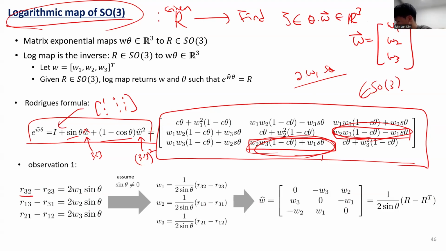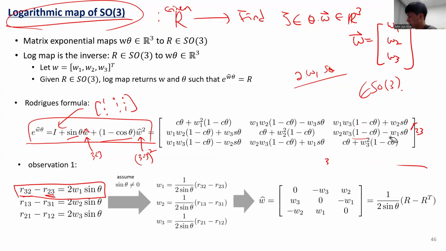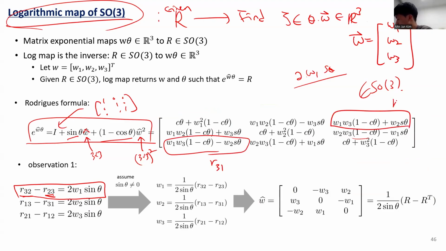R32 means this one, R23 means this one. If you subtract, you always get this. Similarly, if you subtract R31 from R13, then you always get 2 times omega 2 times sine theta.